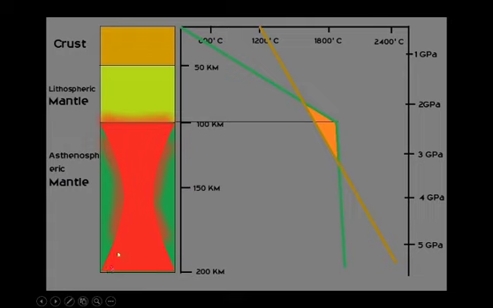When the mantle plume, this red colored one, comes up and extends up to the boundary of the lithospheric mantle and asthenospheric mantle, the geotherm here crosses the peridotite solidus line, and in that part the melting occurs. So by this process the mantle can melt and we can produce the basaltic magma.